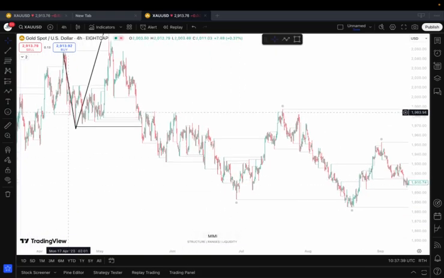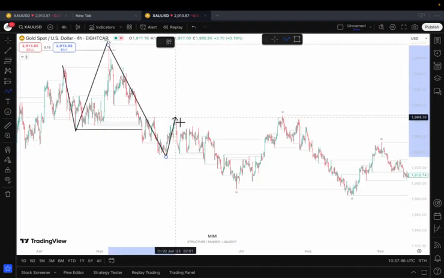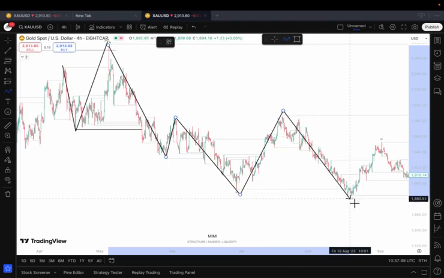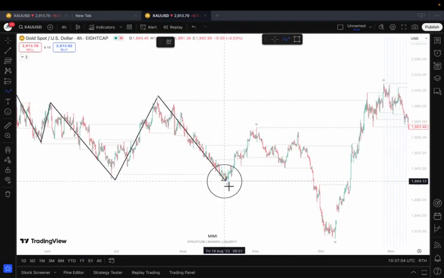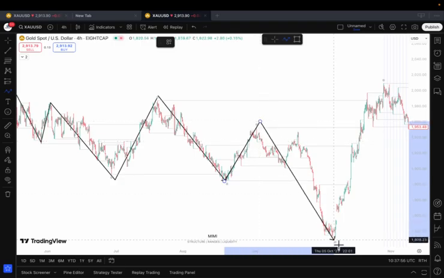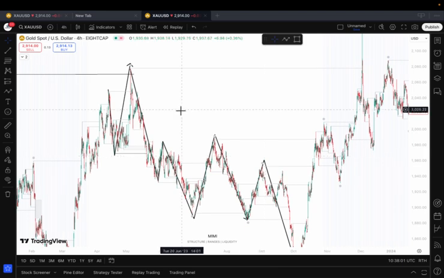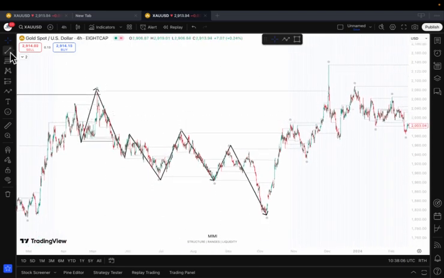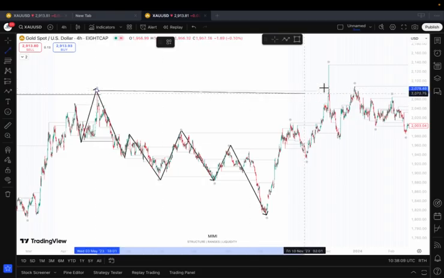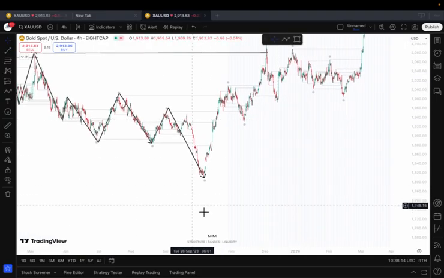So now we have, let's draw three breakout structures here to validate what I'm saying. 1, 2, 3. Okay, so now let us say that this is our range high, and this range high got taken out, which means that this low becomes our range low.